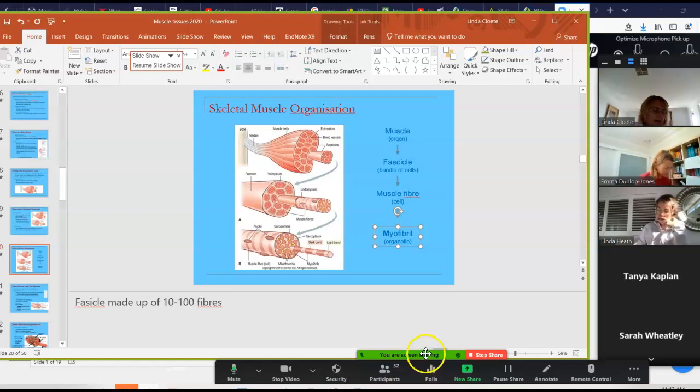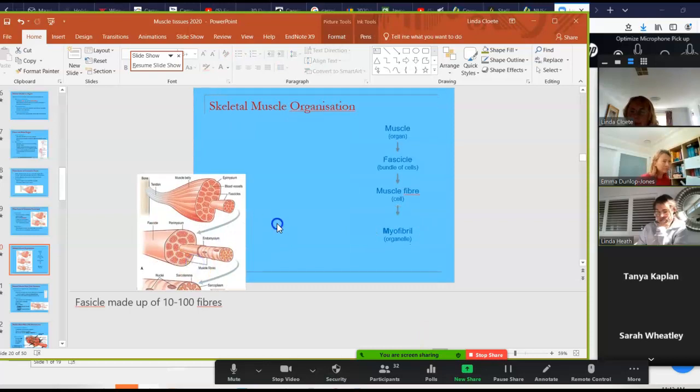What about the endoplasmic reticulum? You have the sarcoplasmic reticulum instead. And where is the sarcoplasmic reticulum? In the muscle fiber. Yeah, so it's wrapped around the myofibril. So if we go down to this picture here, let me just find this one for you.